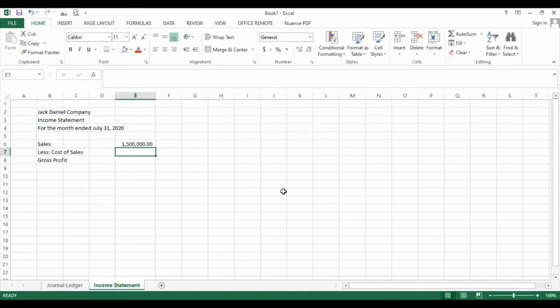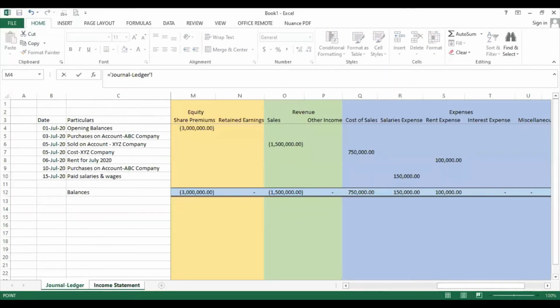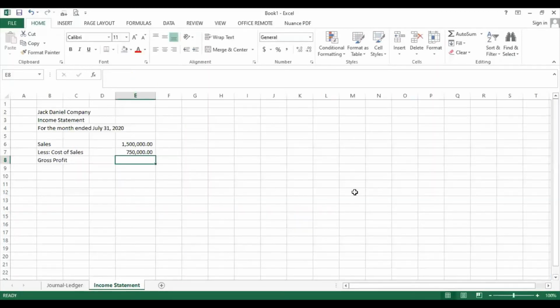So let's connect our cost of sales. Since cost of sales is debit, so it's positive. So you just press equals, go to our journal ledger and link this cost of sales. Since our formula here is sales less cost of sales equals gross profit, so it's equals to sales minus cost of sales.